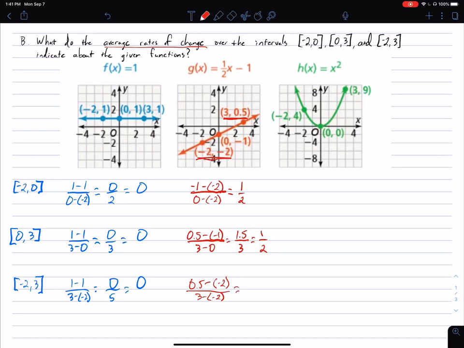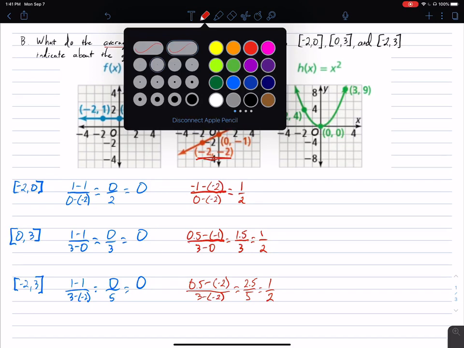So my denominator 3 minus negative 2 would be 5. 0.5 minus negative 2 would be 2.5, which again is going to be equal to 1/2. And notice here, my average rate of change all 3 times was 1/2. It's not always going to be the same, but we'll point out why it's the same in a minute.